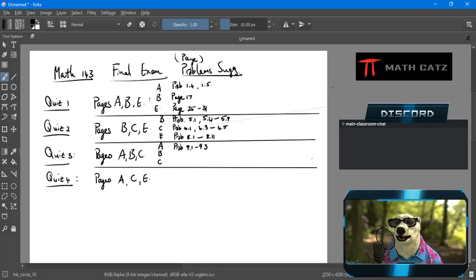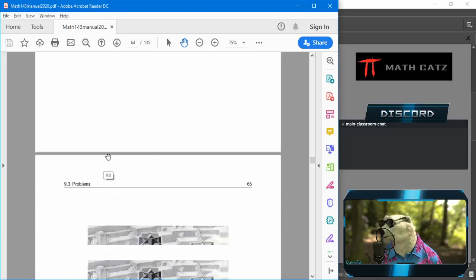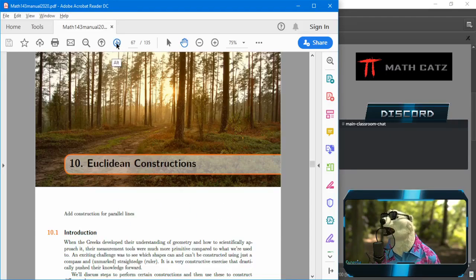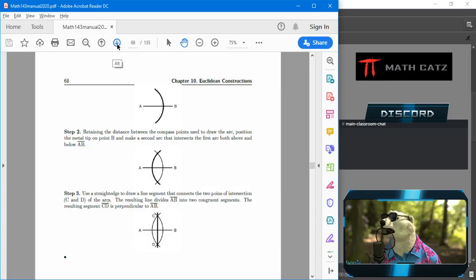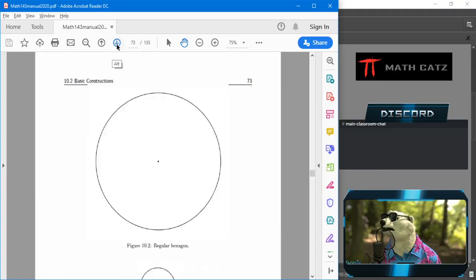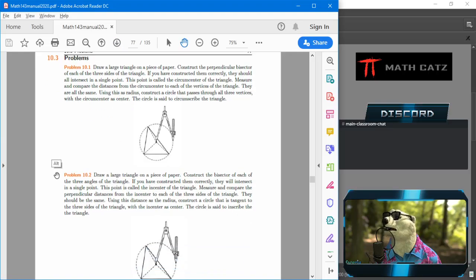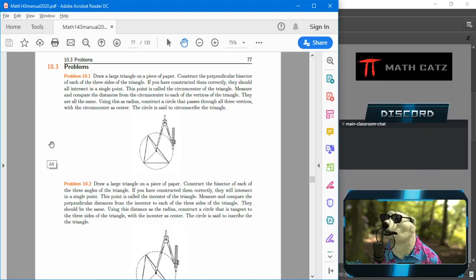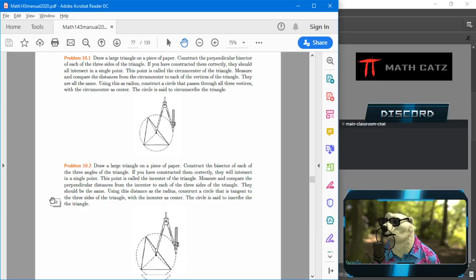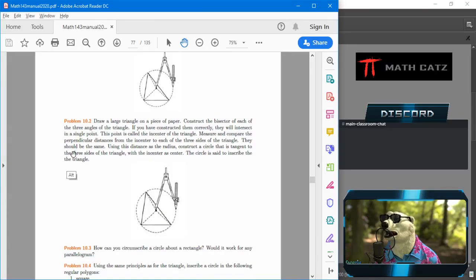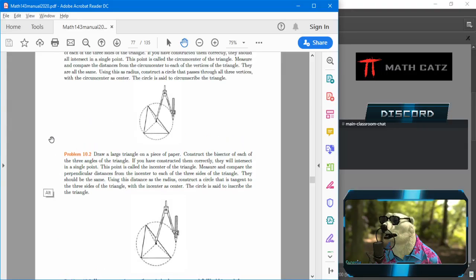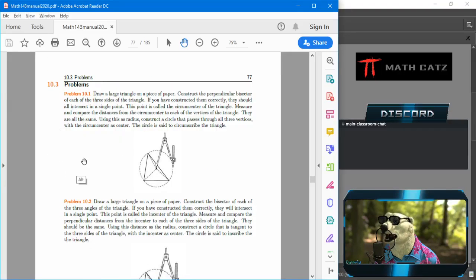B is where you need to get a compass and a straight edge and construct some stuff. Compass straight edge constructions, Euclidean constructions, call it whatever you want. Let's go to the problems here. We're not going to deviate from what we did in the quiz. I am not going to worry about inscribing a circle in a polygon, but definitely problem 10.1, circumscribing.